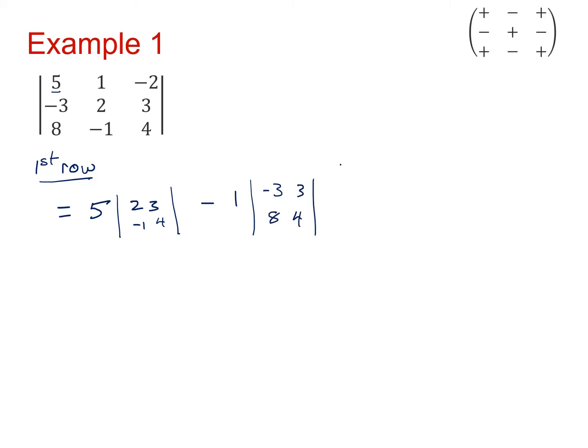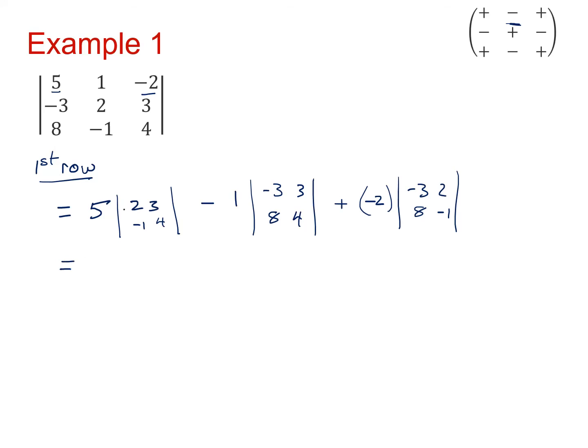And I've got a minus sign up here from the matrix of signs. And then finally the third element in that row. So I'm going to get minus 2 times this determinant, minus 3, 2, 8, minus 1. And that's going to be a plus there. That's the sign from the matrix again.